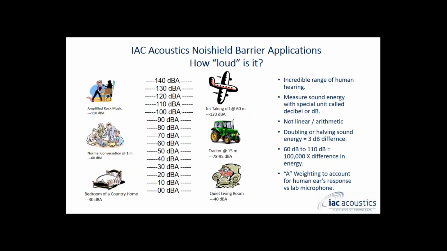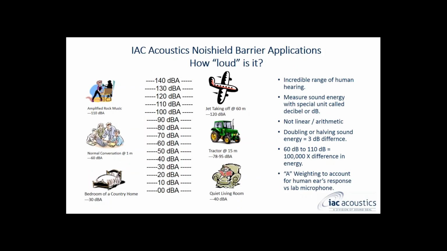So for example, normal conversation at 1 meter might be 60 decibels, and if you doubled the number of people speaking at the same time, it's not going to go up to 120 decibels, it's going to go to 63 decibels. That's important when we look at the differences that a barrier can make and we try to understand what that difference in sound energy is going to feel like, how we're going to experience it.